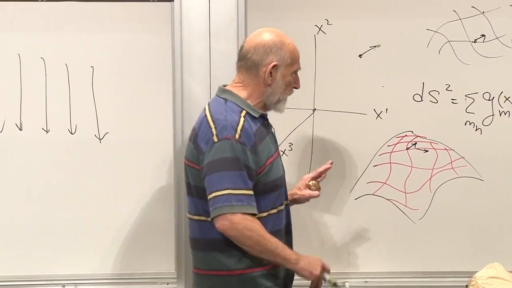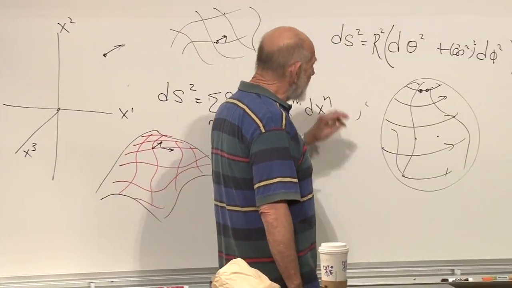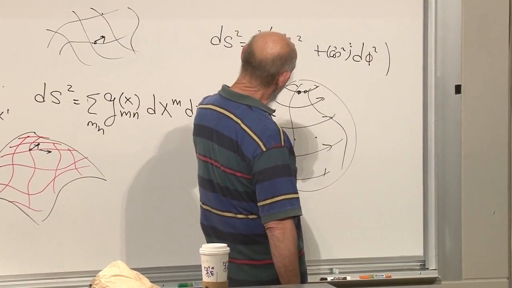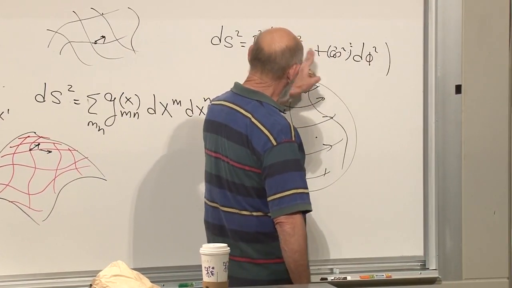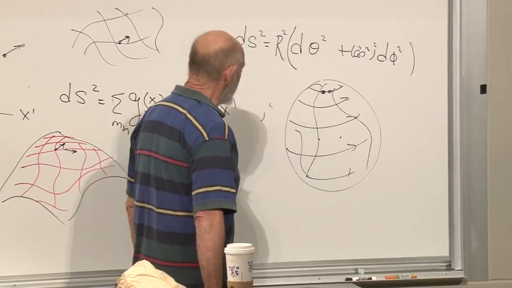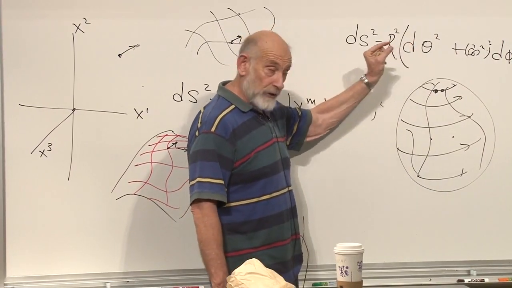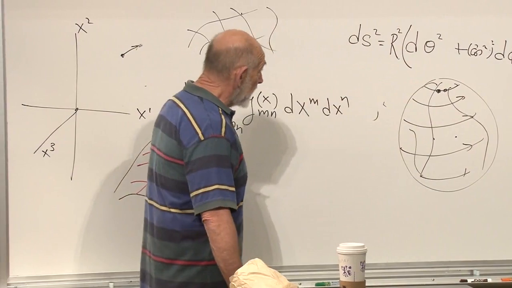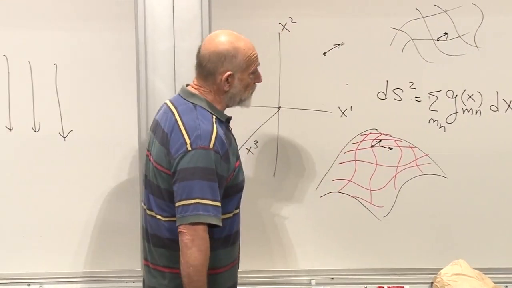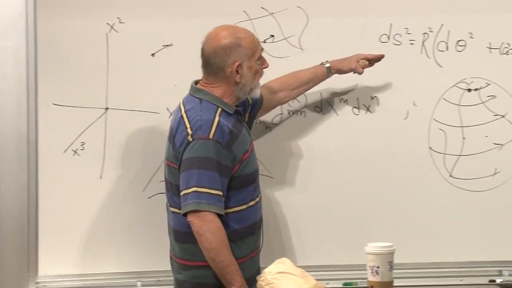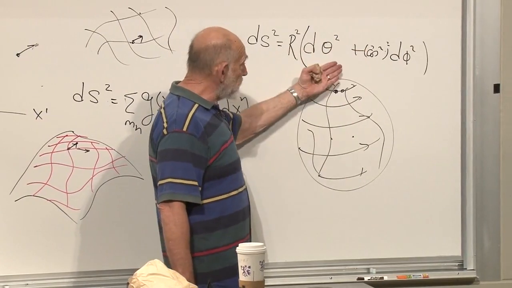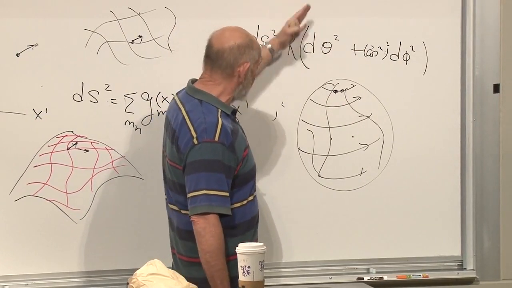But the important point is that the formula for the distance of a differential separation involves functions which sit in front of these quadratic expressions in terms of the differential distances. As I said, this is just a very simple example. More general examples would have more complicated functions.